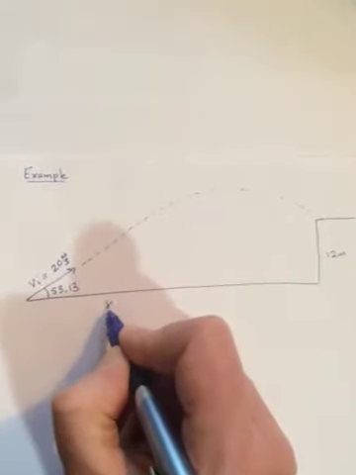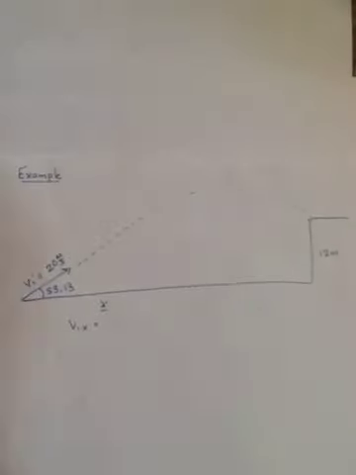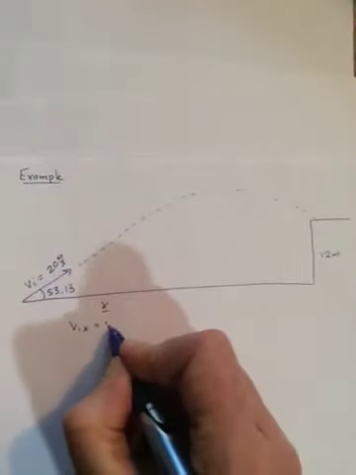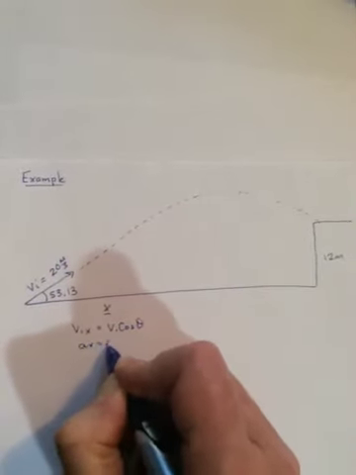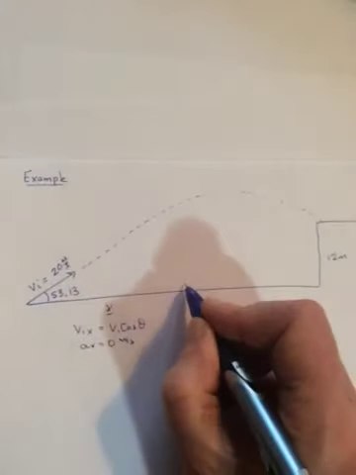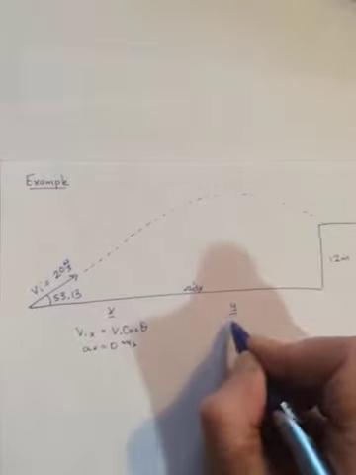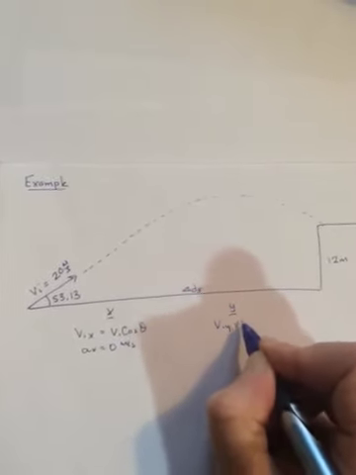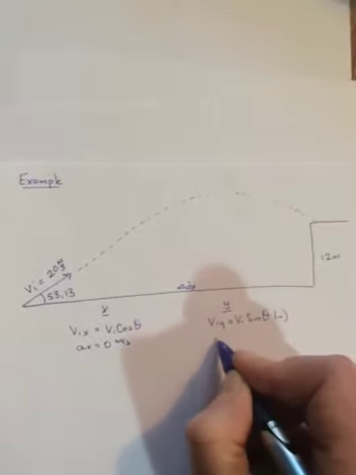Okay, so in the x direction, we'll have Vix equal to Vi cos theta, and Ax equals 0. And we don't know the delta D. Maybe in the end that's what we're looking for, okay? And in the y direction, Viy will be Vi sine theta, and it will be up.